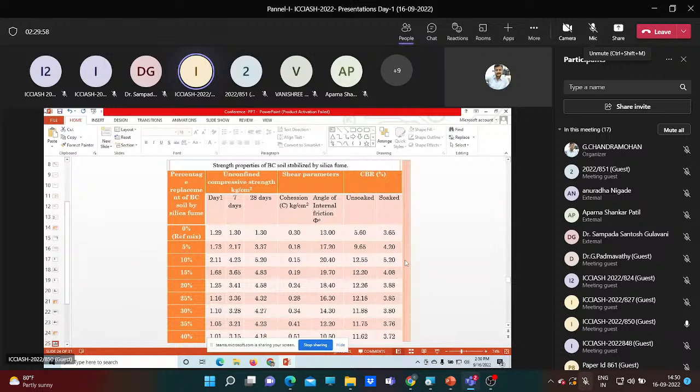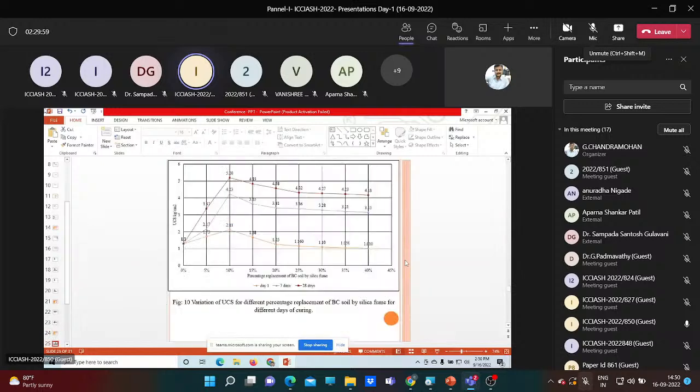So these are the graphs obtained for unconfined compressive strength, which is an important parameter in road construction. Here, the 10% replacement of silica fume was found to be the peak value and gave good strength, and with further increase in silica fume replacement in BC soil, it showed a gradual reduction. So hence, I can say that the UCS at 10% gives a good result.